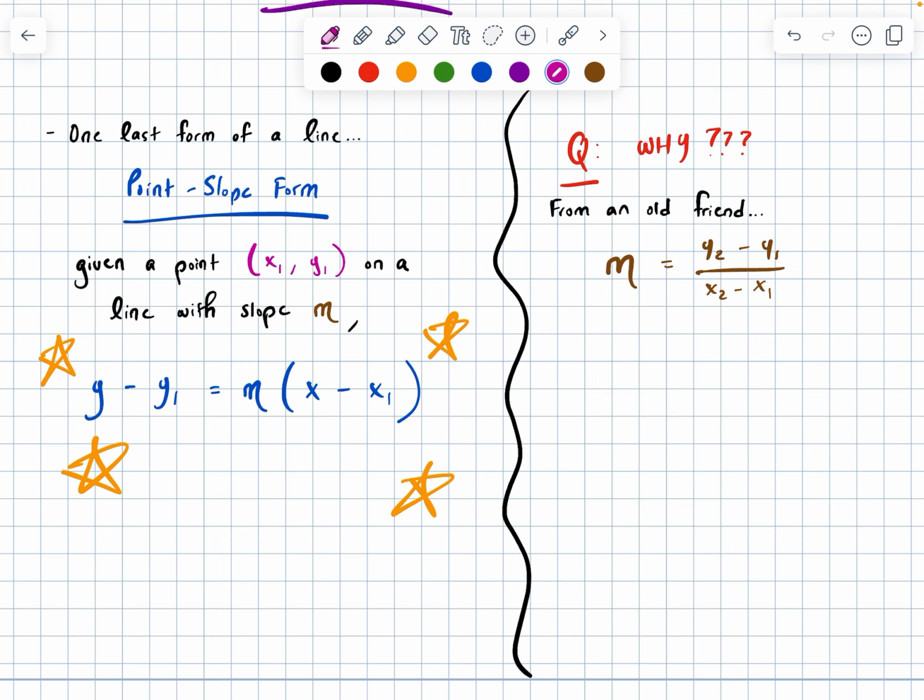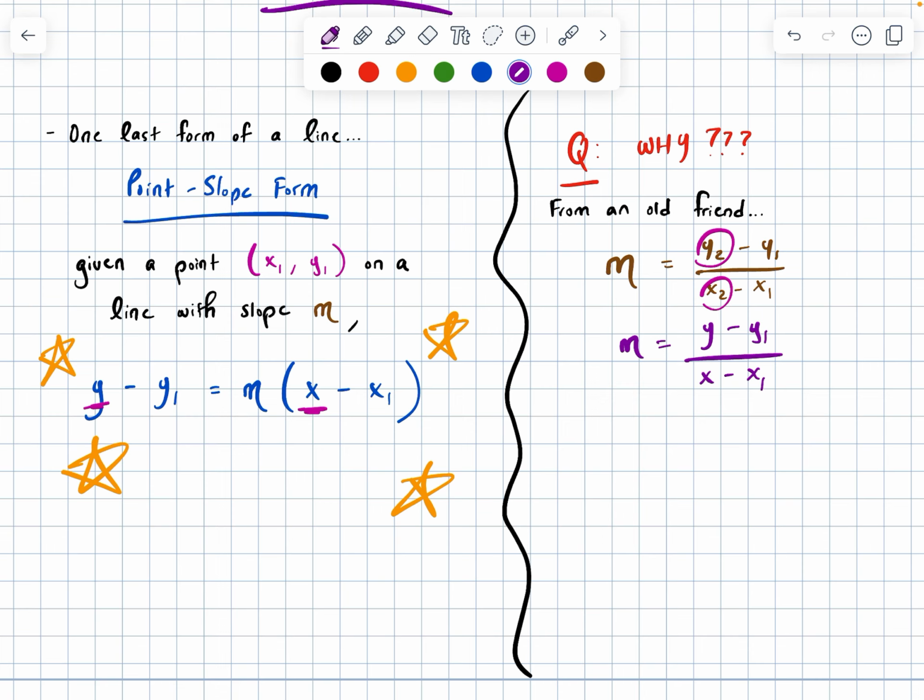Point-slope form. Well, my first move is going to be to rectify that mistake. The y2 and the x2, these are specific x's and y's, but it could be any xy, right? I have a general y here, a general x here. So my first move, I'm just going to swap out specific x2 and y2 for general x and y. So this is going to become y minus y1 over x minus x1.